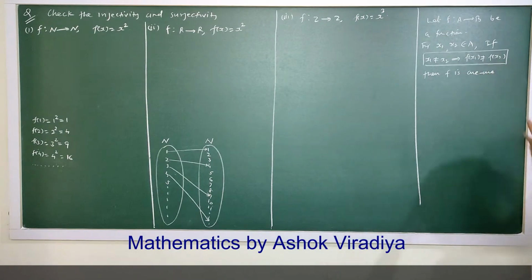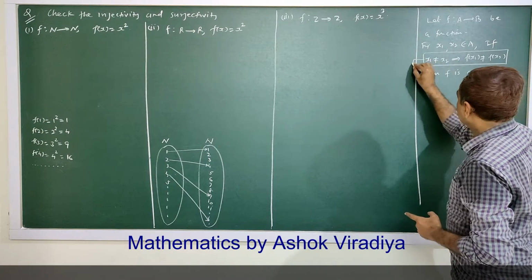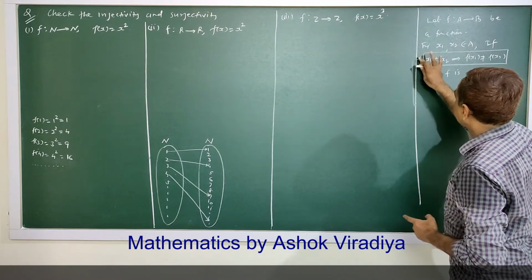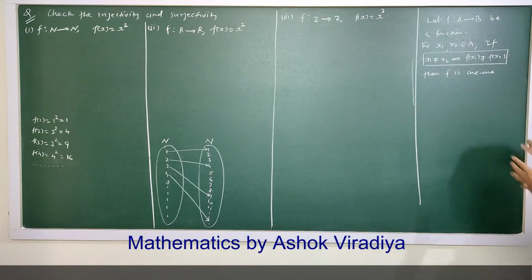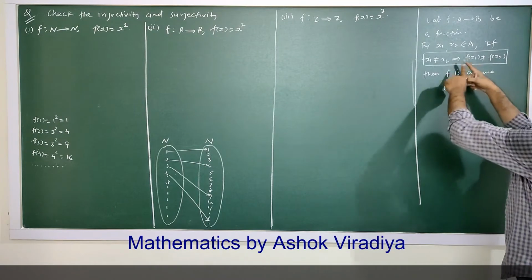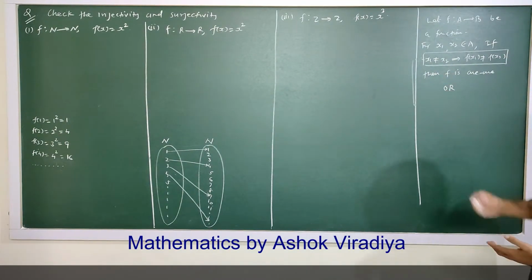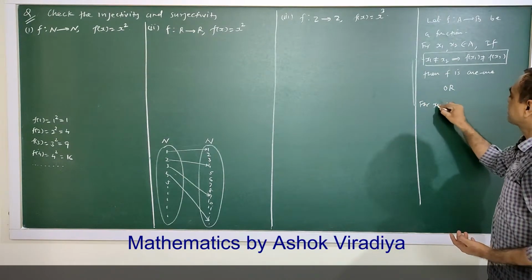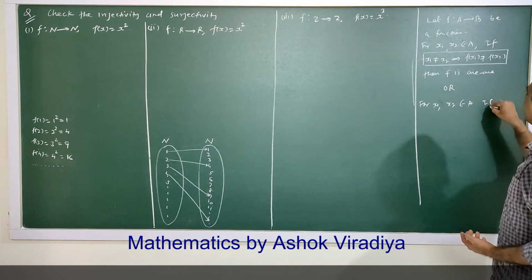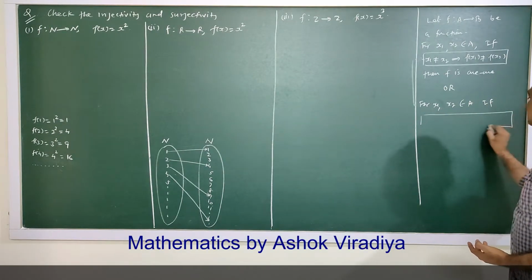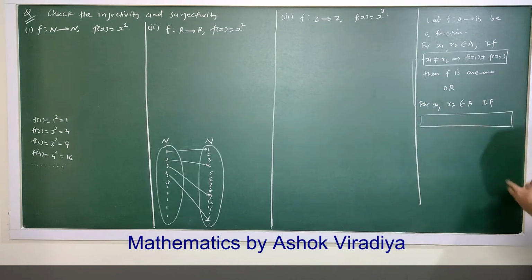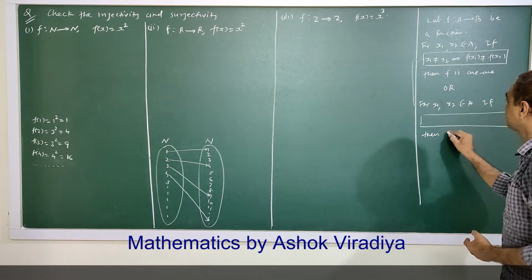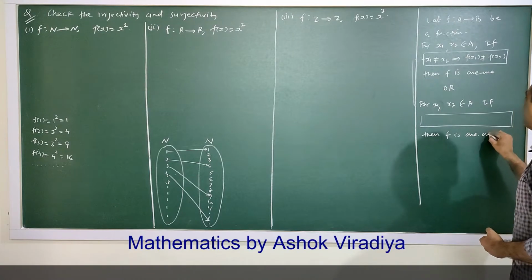Already we discussed this definition. Now this statement we can express by another method. See, I am writing this condition by a different method. For x1, x2 belonging to A, if, and here I will replace this by a different form, then the function is one-one.